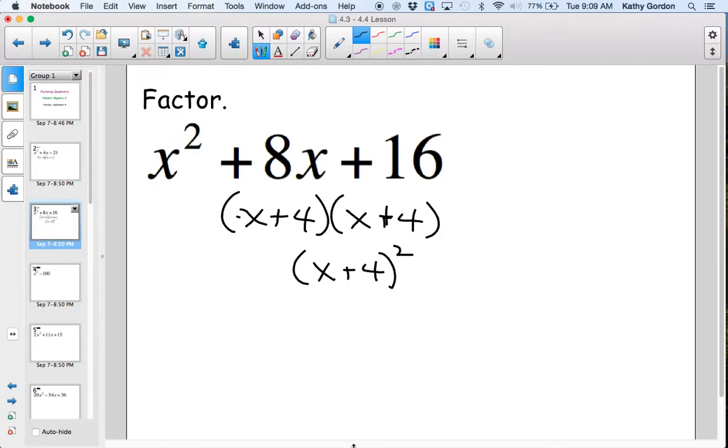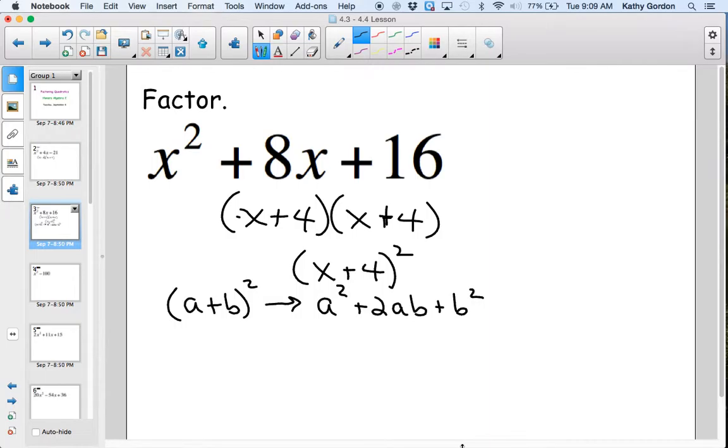Okay, so this is one of those that we sometimes call the special product patterns. If I say I have a plus b squared, there's a particular pattern that says I take a squared plus 2 times a times b plus b squared.